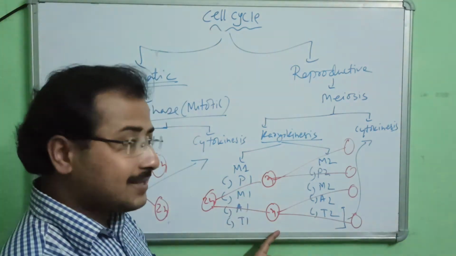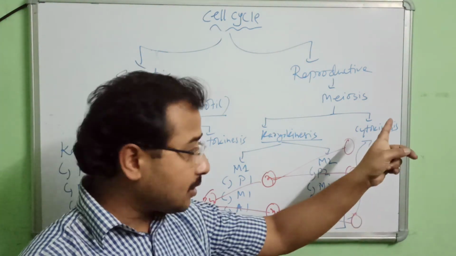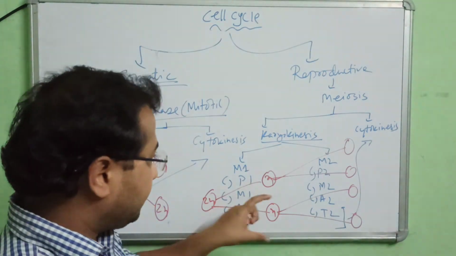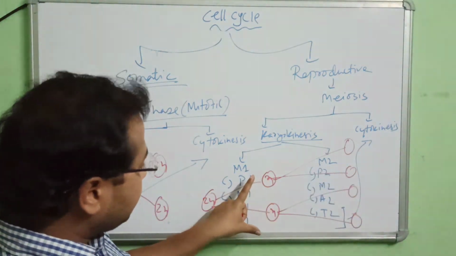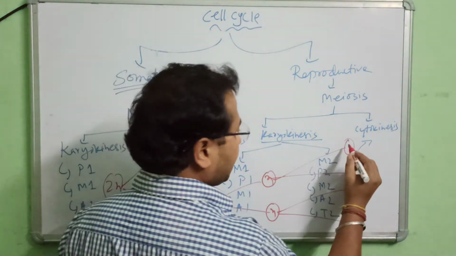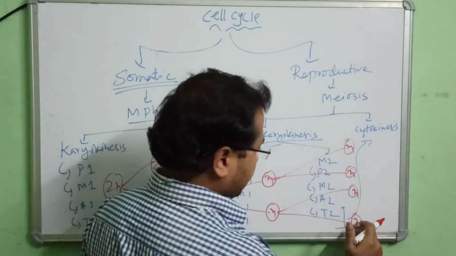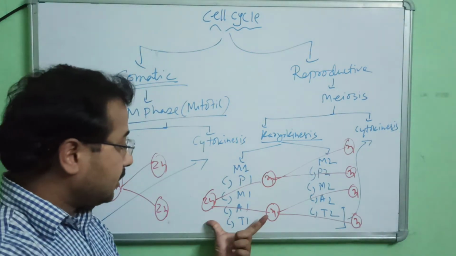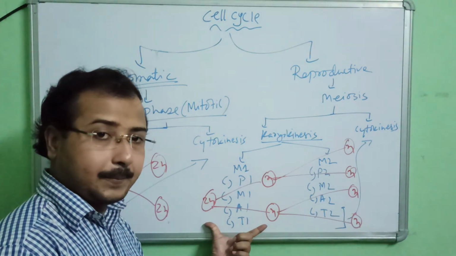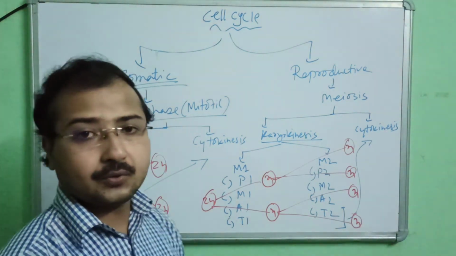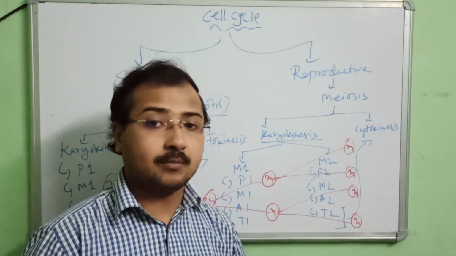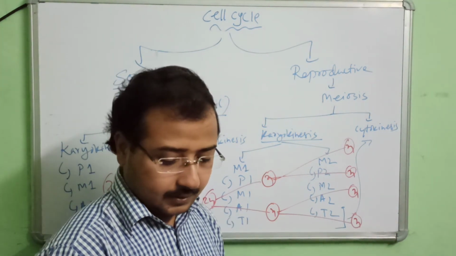Then these 2 cells undergo meiosis 2, and the chromosome number remains the same here. For these daughter cells, these are the parent cells, so the number of chromosomes remains the same. They were haploid, they are also haploid. But here we see the reductional division. That's why meiosis is also known as reductional division. The chromosome number is reduced to half.